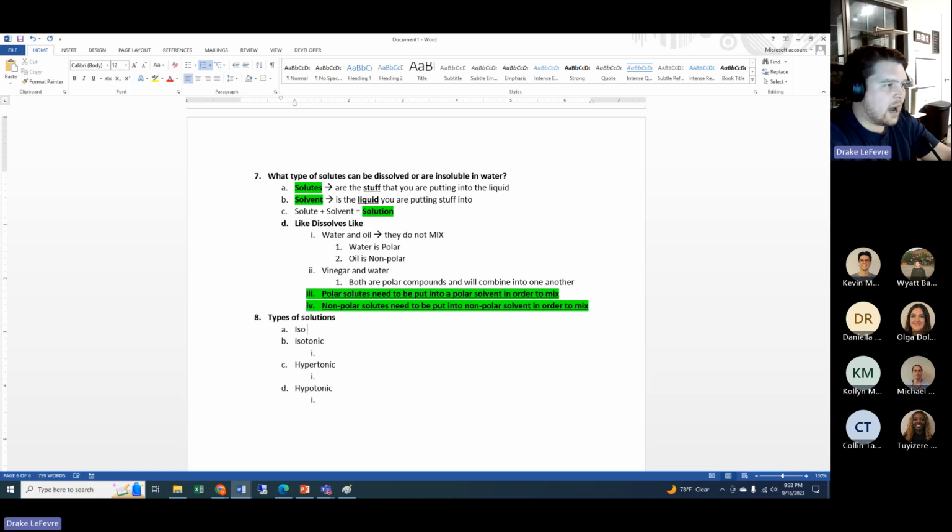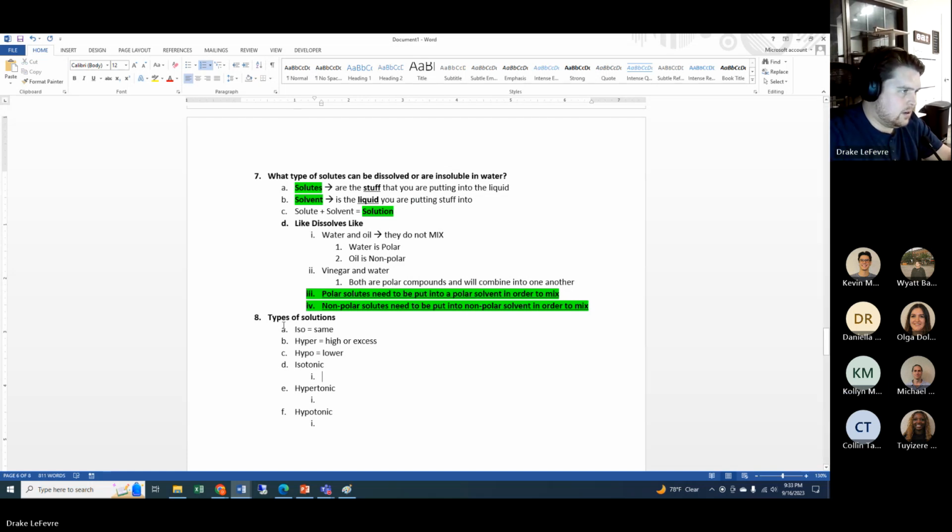For example, iso means the same. Hyper means high or excess. Hypo is low, or what's a better word for it, insufficient, maybe? Yeah, I would say it's lower.